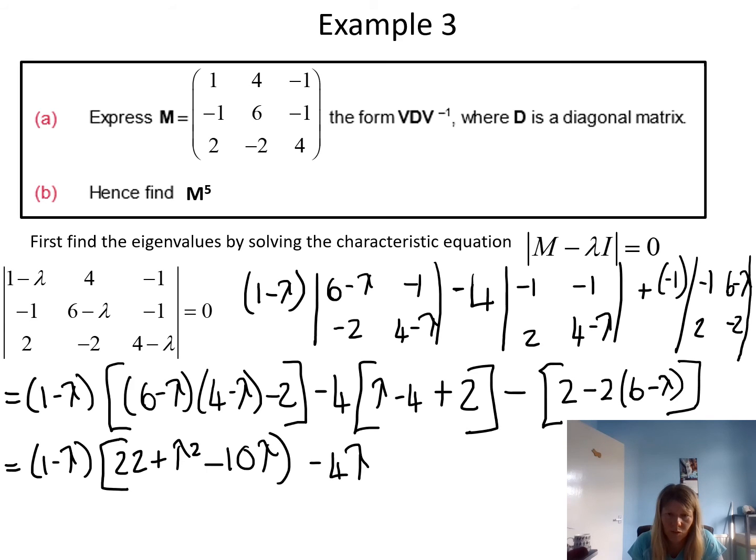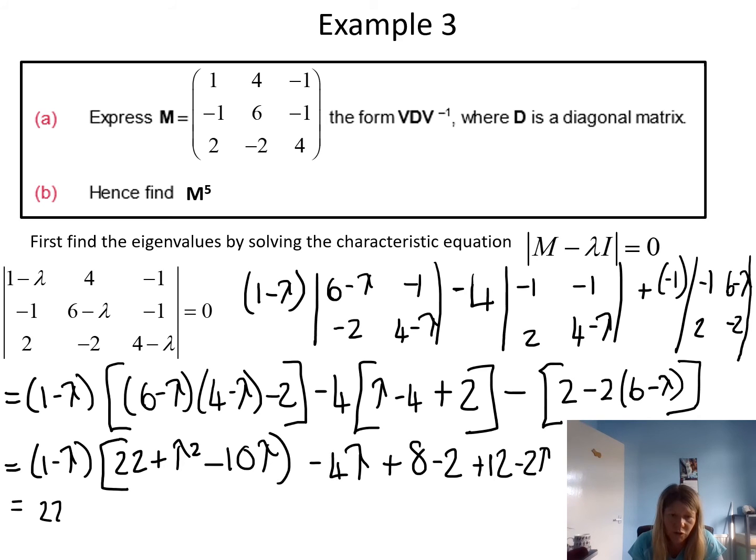So minus 2 times minus 4 plus 8, is that right? And then we've got minus 2, minus 12. No, we've got plus 12, and that's minus plus 12, and minus 2 lambda. Now if we put, oh god, we're going to multiply again. Oh, good grief.